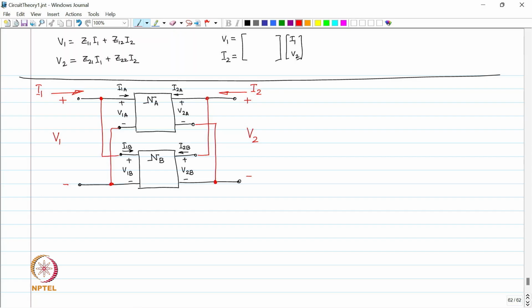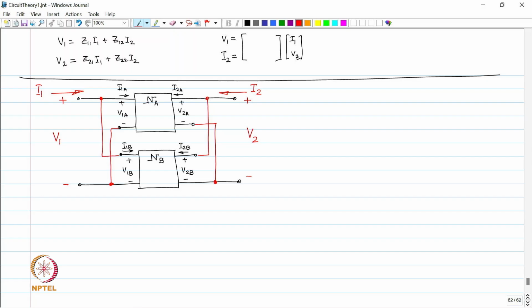And the question is, if I somehow have been told what the 2 port parameters of network A and network B are, then can you find out the 2 port parameters of the combination? Okay, this is the question. So, network A, network B, we know the 2 port parameters. If you know one set, you can find out all other sets, right. So, some set is given, you can find out whichever set is relevant.